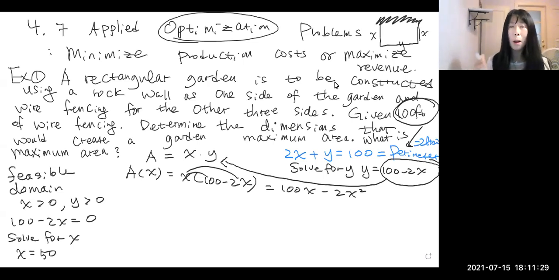Then we look for the absolute maximum. We say x is greater than 0, but the domain will be between 0 and 50 because we are using the extreme value theorem. It must be closed, all right?